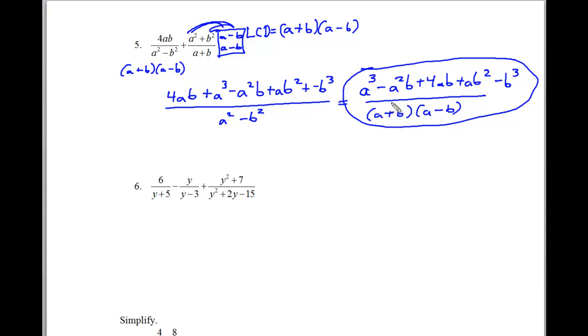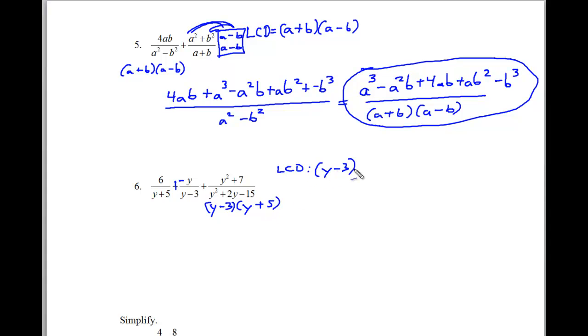Okay, problem 6, what I'm going to first do is make this a plus negative, just so I don't have to worry about the subtraction there. This is to try to find our lowest common denominator. It looks like this can be factored into y minus 3 and y plus 5, which is nice because that happens to be our lowest common denominator.